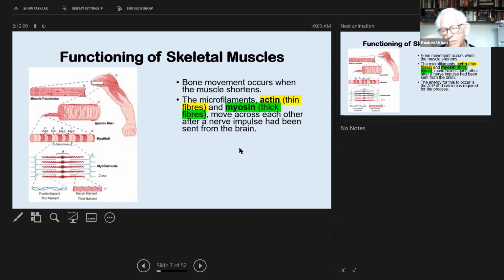So your nerve impulse says, move my hand, I'm going to pick up a glass or whatever. Lots of muscles move, and so they're controlled by the nerves. And I'll get to the mechanism later, but they actually shorten. So if you want to bend your arm or move a finger or whatever you do, you actually are making the muscle shorter. So they're moving between each other, and when you relax, they move apart.